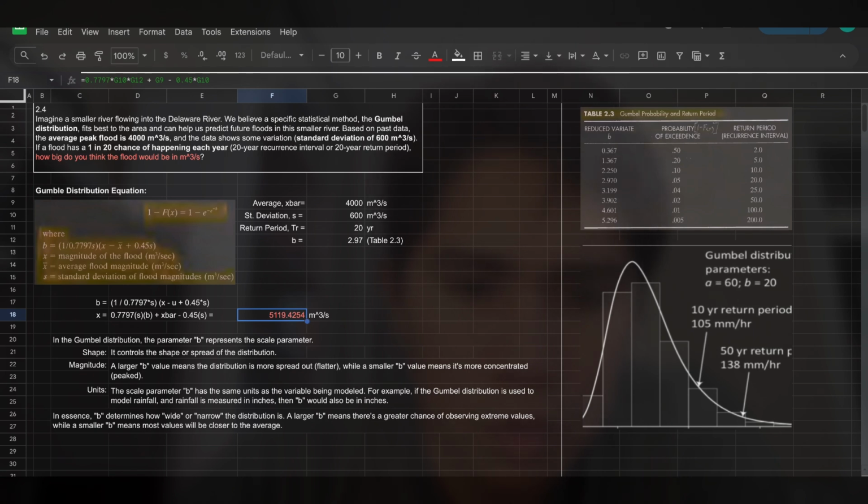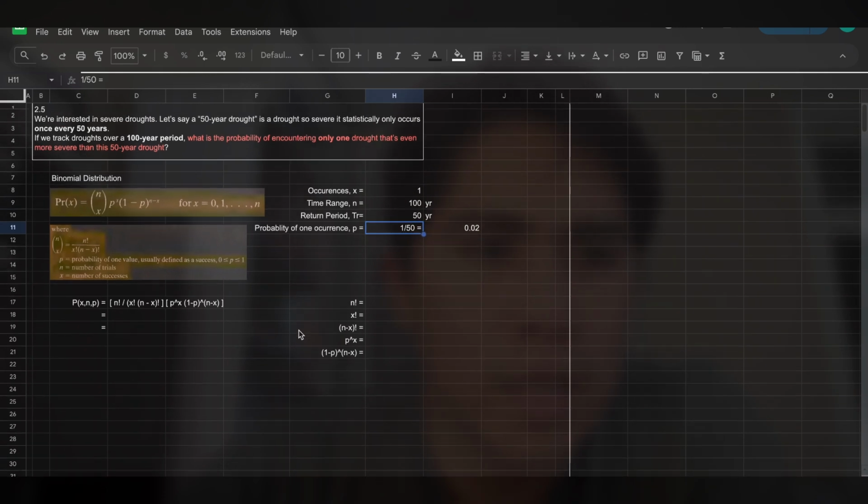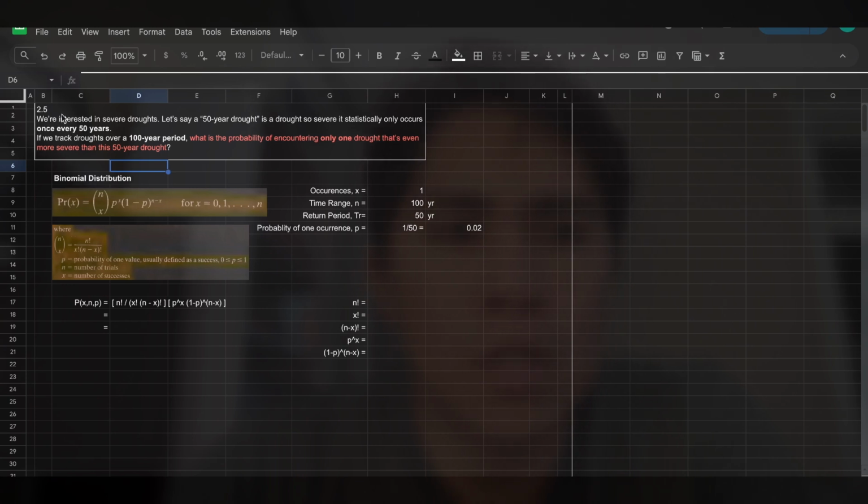Let's move on to the next problem that will help us understand the binomial distribution. And the way the book words this problem is very, very confusing. So I hope this version is simpler. 2.5. We are interested in severe droughts.